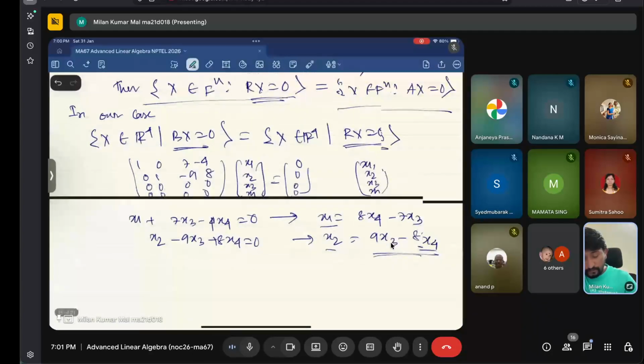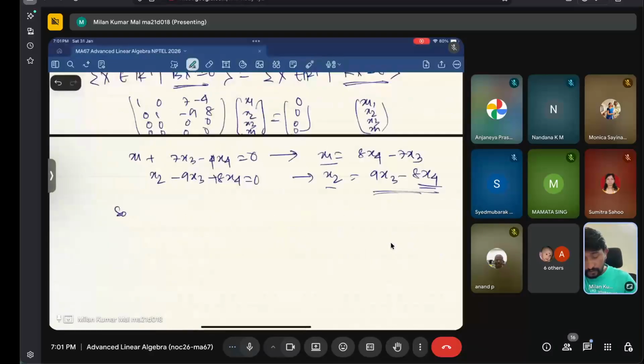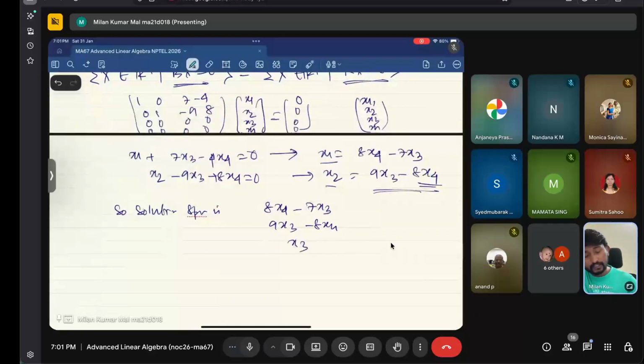So the solution space is 4x4 minus 7x3, 9x3 minus 8x4 for x1, x2, and then x3, x4. So this is the solution space.